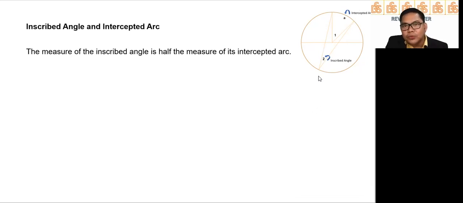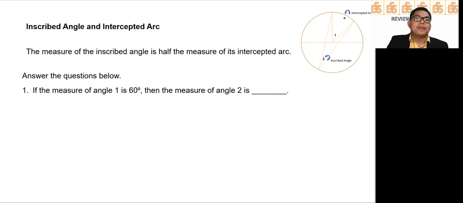Let us use that idea to answer these questions. If the measure of angle 1 is 60 degrees, then what is the measure of angle 2? We know that if angle 1 is 60, then the intercepted arc is also 60. Based on our conclusion, angle 2 is half of it. Therefore, angle 2 is 30 degrees.